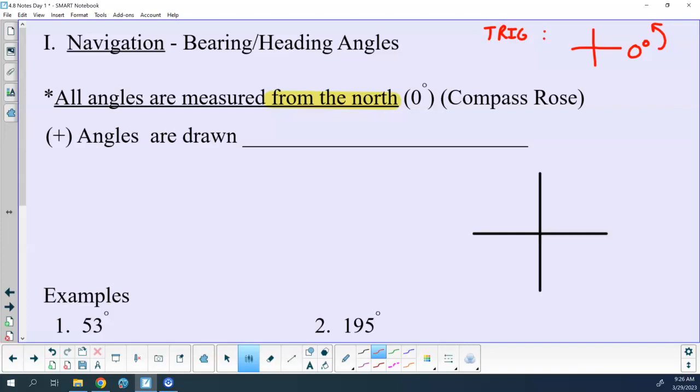Now, navigation angles, 0 degrees is up north. Straight up is 0 degrees. And your positive angles are drawn clockwise.